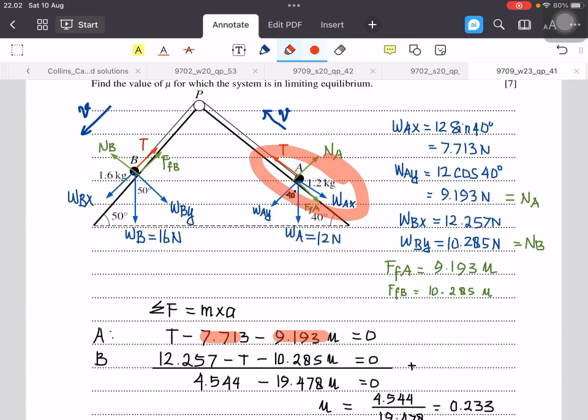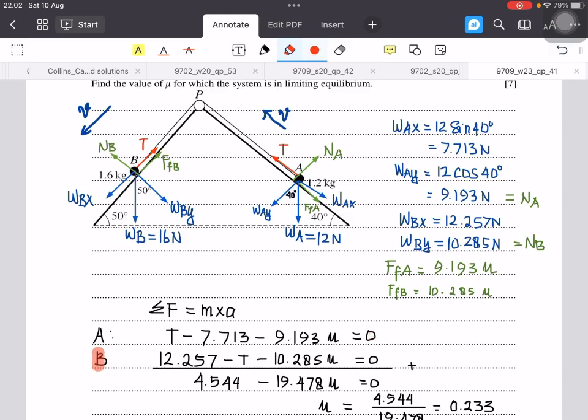This one. So Newton's second law on x direction, the net force on x direction is equal to m times a. On the right side, I equate the result with 0 because the system is still in equilibrium, so it's 0 there.